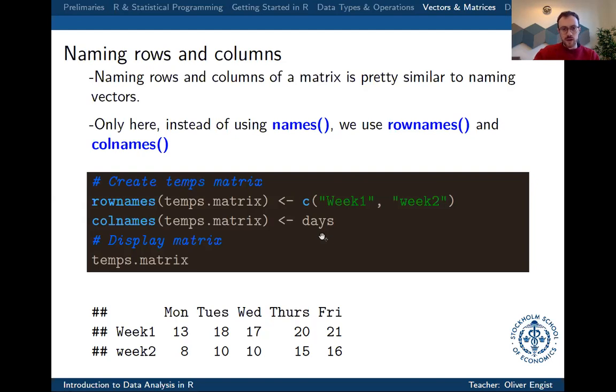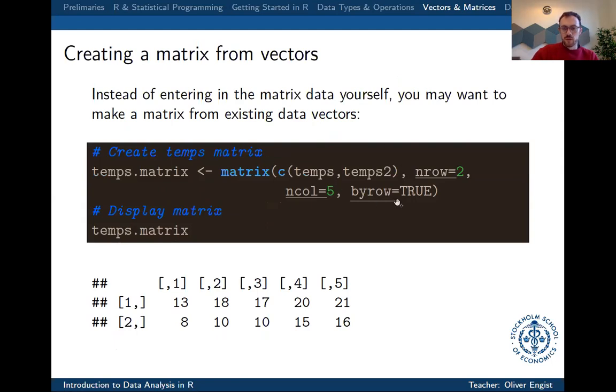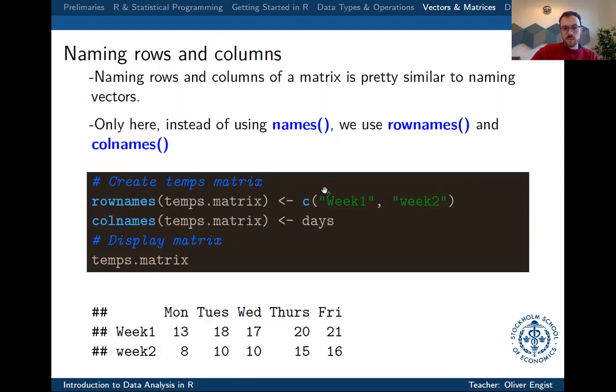So for example, in the temperature matrix, which is just a combination of the two vectors that we created before, if you remember, it had 2 rows and 5 columns. Since you have 2 rows, each row will be a week.